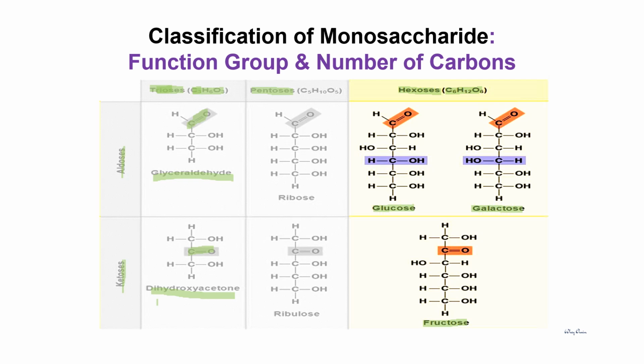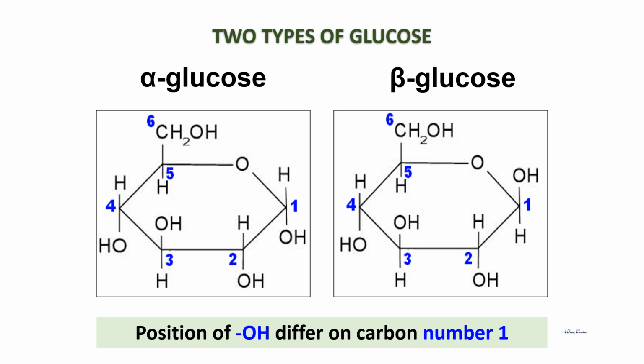But because of the different location of the functional group, C double bond O, glucose and galactose are grouped as aldoses, and fructose is grouped as ketose. And glucose is an example of a monosaccharide, which is also a hexose, because the structure consists of 6 carbons, which is folded in a ring structure, not a straight chain.